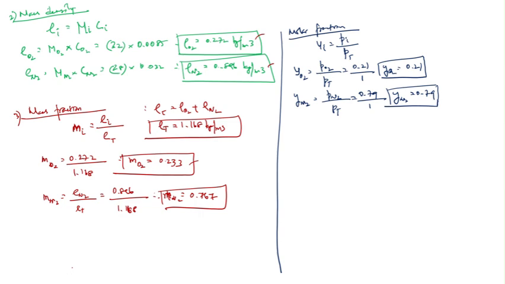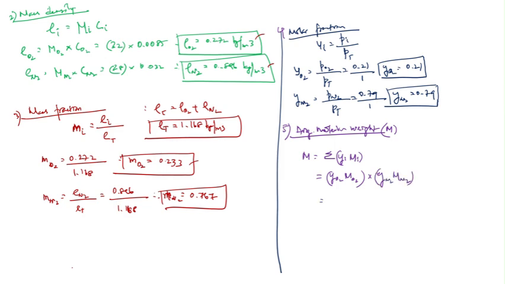The fifth one, the average molecular weight, is defined by capital M. So M is equal to the summation of Yi times Mi, summed over the number of constituent components. In the container we have two components. So there is Y of O2 times molecular weight of O2, plus Y of N2 times molecular weight of N2.